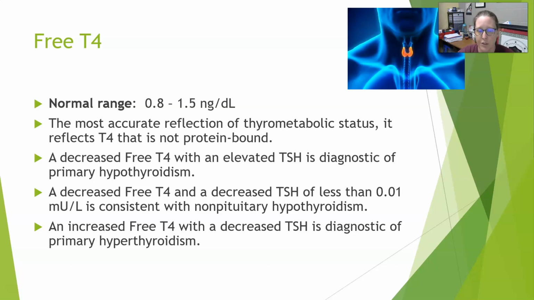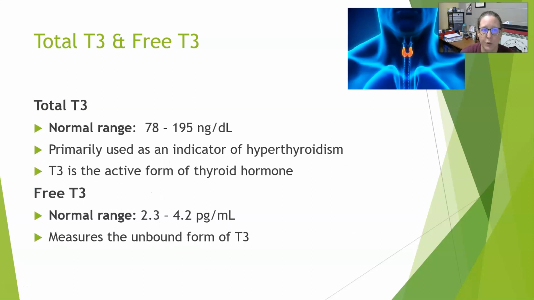And again, the overproduction is happening at the level of the thyroid, which is why it's considered to be primary. The total T3 and the free T3 are again the biologically active forms of thyroid hormone. For the total T3, the normal range is 78 to 195 nanograms per deciliter. It is primarily used as an indicator of hyperthyroidism.